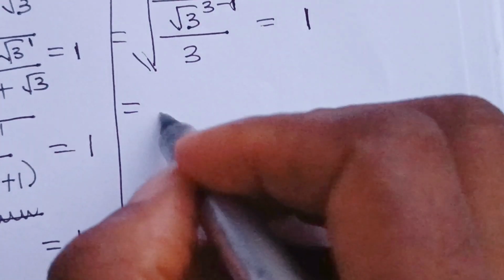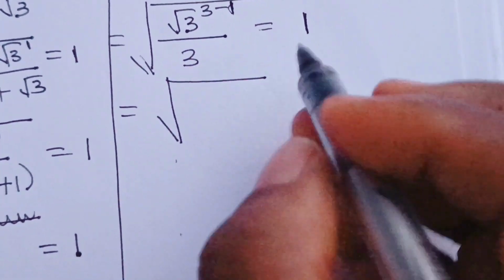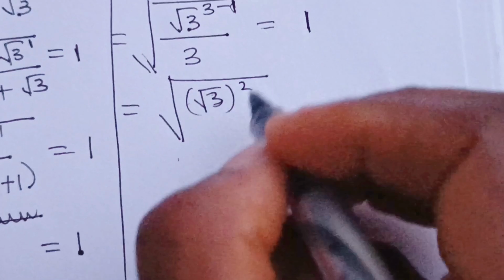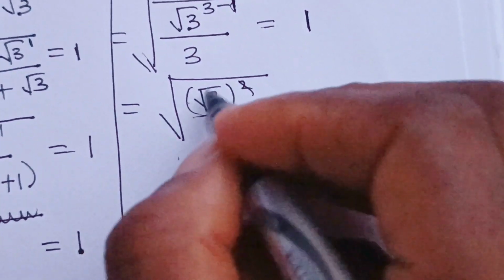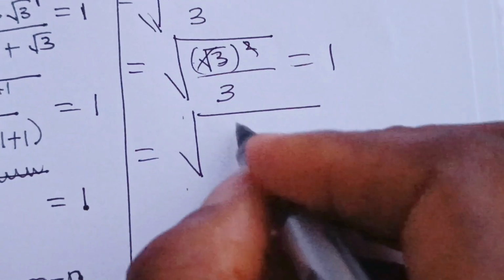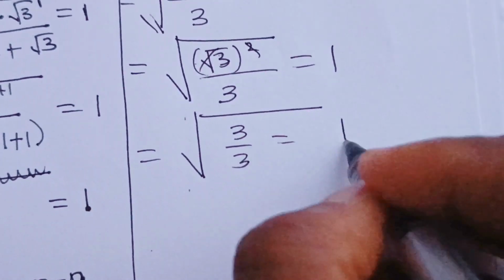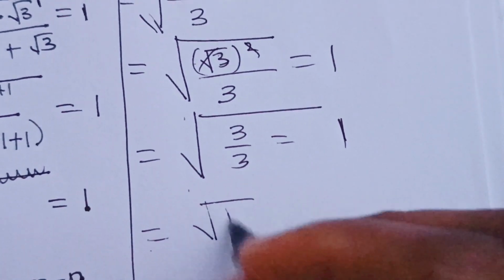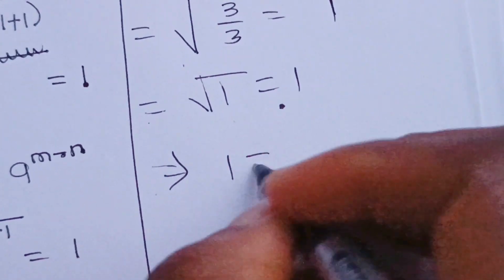So this is equal to the square root of root 3 squared, divided by 3. Now we cancel this. We have the square root of 3 divided by 3 is equal to 1, and this is square root of 1 is equal to 1, and this implies that 1 is equal to 1.